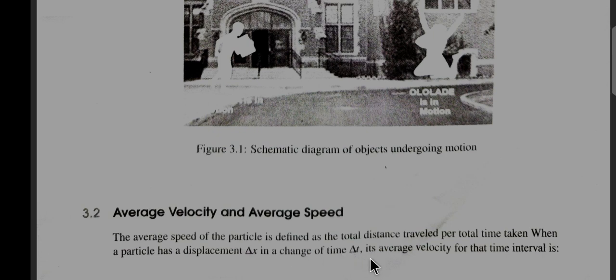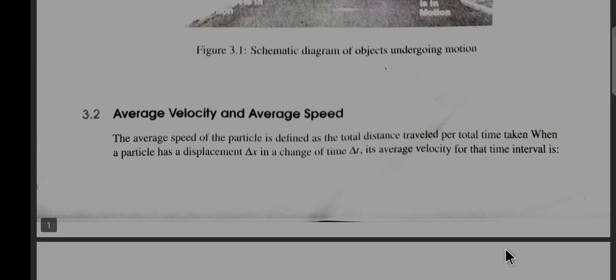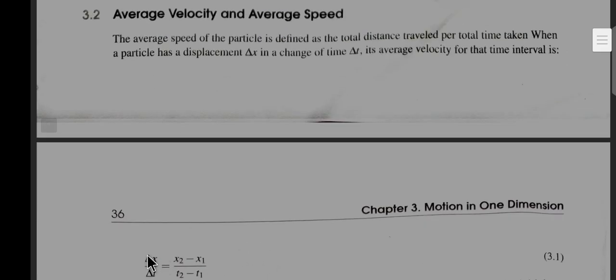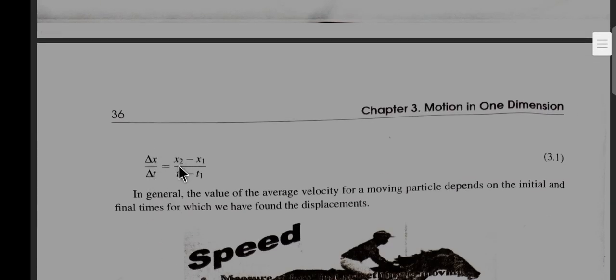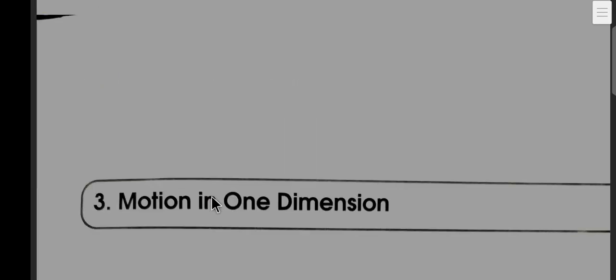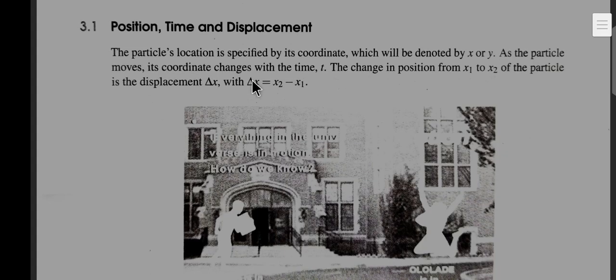its average velocity over that time interval is the change in x over the change in t, which is x2 minus x1 over t2 minus t1. If you recall from our previous part, delta x is equal to x2 minus x1, which is called the displacement.